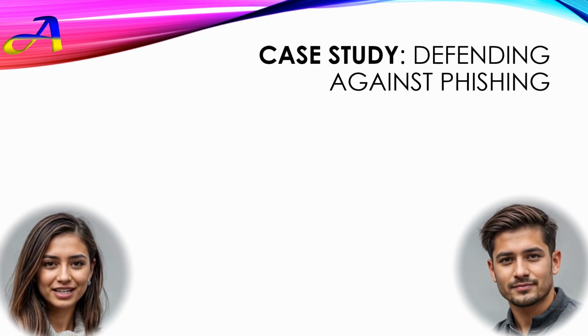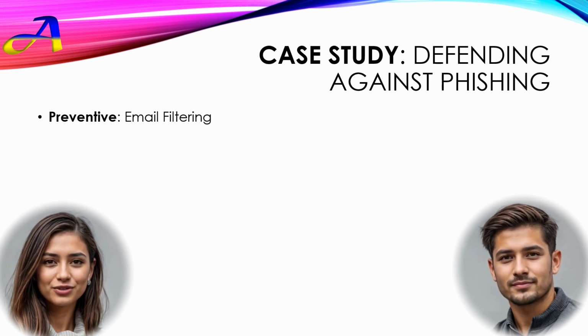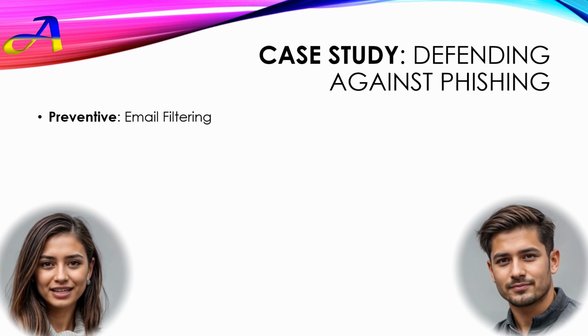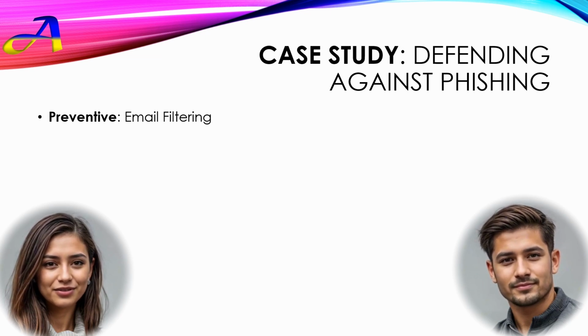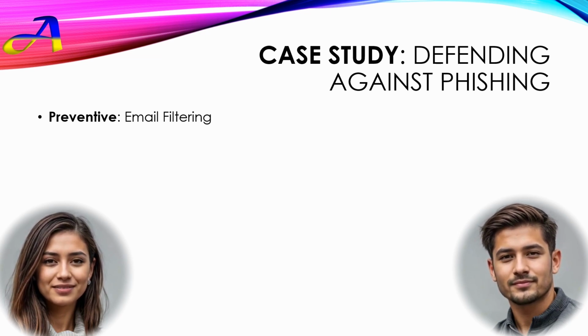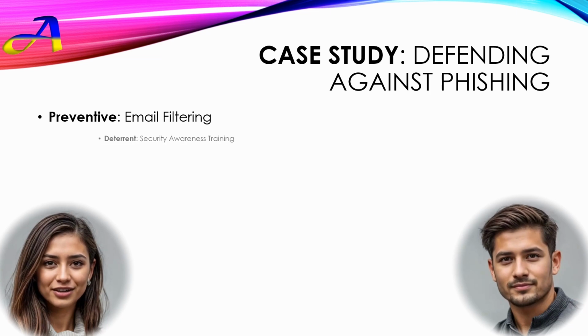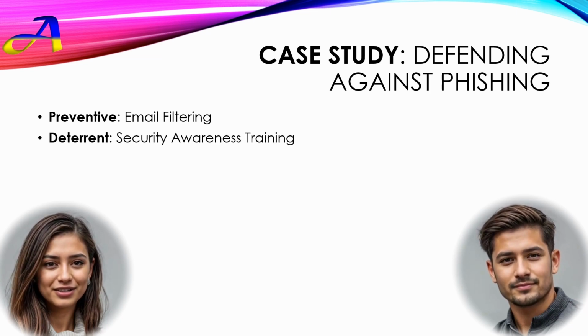So to stop phishing attacks, we can use a variety of controls. We can start with preventive controls, so things like email filtering that can scan incoming emails for suspicious links or attachments. We can also use deterrent controls, like security awareness training, teaching people how to spot those phishing emails.